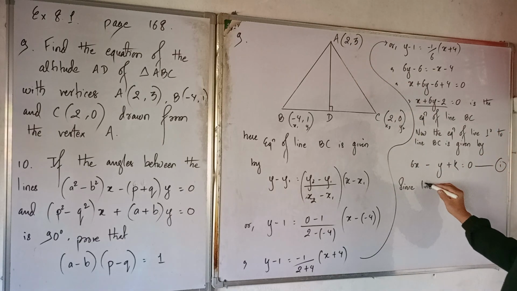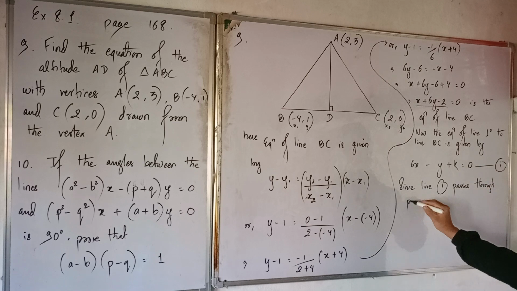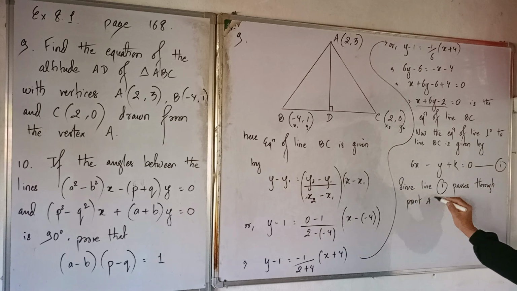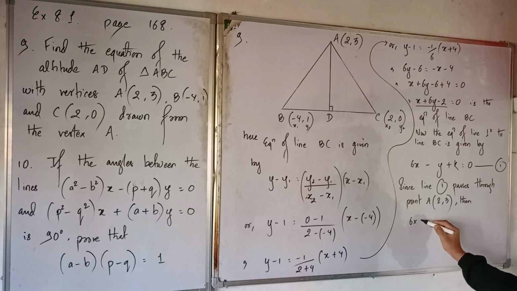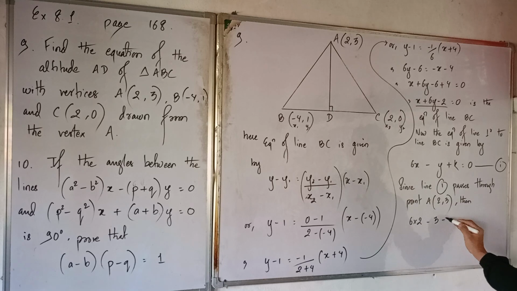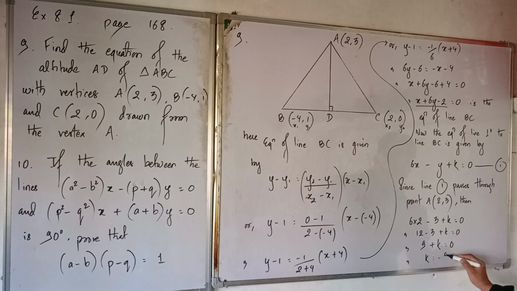Since line I passes through point A (2, 3), we just substitute the values of x and y. 6 times 2 is 12, minus 3 plus k equals 0, which is 12 minus 3, 9, plus k equals 0, or k equals minus 9.